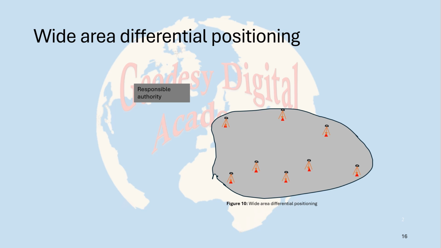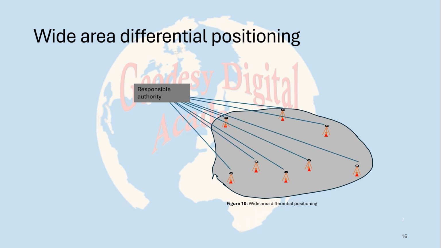Differential positioning can be done over a large area as well. What I have explained before was for one point. What if we have a network of points and they already have coordinates determined by other methods? We can put GNSS receivers at these points that already have coordinates and determine the coordinates again, and the differences are sent to a responsible authority.